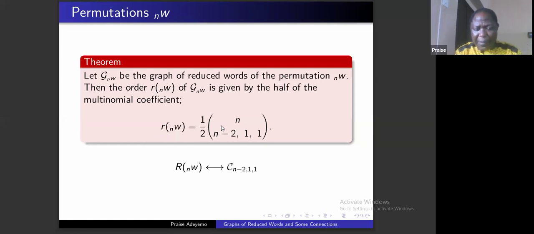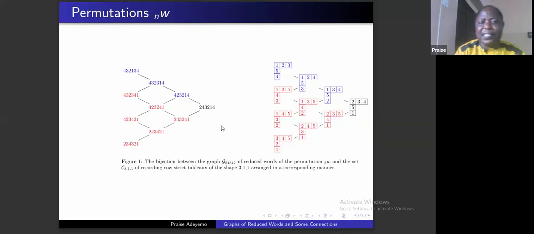It might be a bit complicated to prove, but I have an example to illustrate the point. We have three classifications here: the blue type, the red type, and the black type. If you look at this one closely, we have 3, 2, 1, 3, 4.